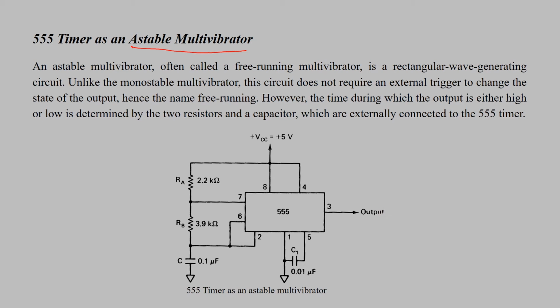Unlike the monostable multivibrator, this circuit does not require any external trigger to change the state of output, hence the name free running. However, the time during which the output is either high or low is determined by two resistors RA, RB and a capacitor C, which are externally connected to the 555 timer.